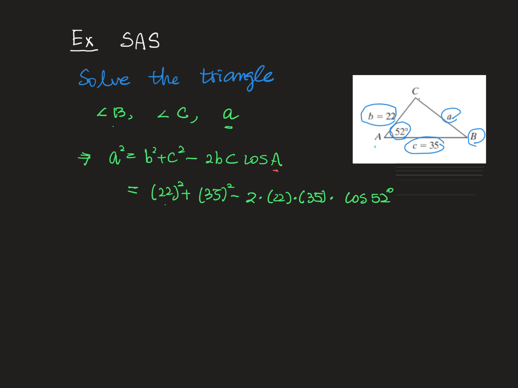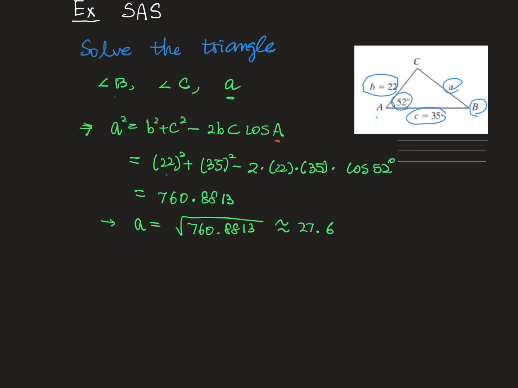Make sure of it. When you find this value, it's going to be 760.8813. So how can we find A? You take the square root of 760.8813.